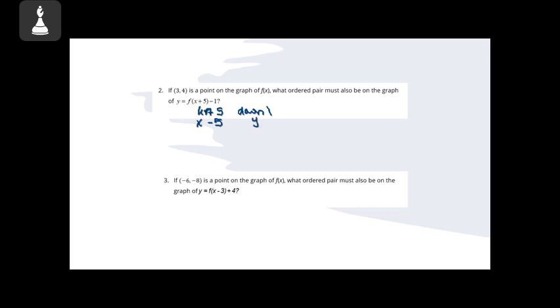And in the y coordinate, we need to subtract 1, because in the coordinate plane, if we go left, we're moving negative, and if we're going down, we're moving negative. So if I take my original x, 3, subtract 5, that's going to make the point negative 2. And the y currently is 4, and it says we're going to move down 1, so if I subtract 1, it's going to have us at 3. So (negative 2, 3) is going to be on our graph.